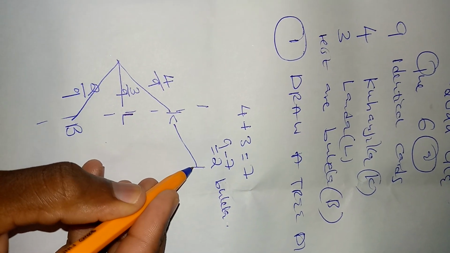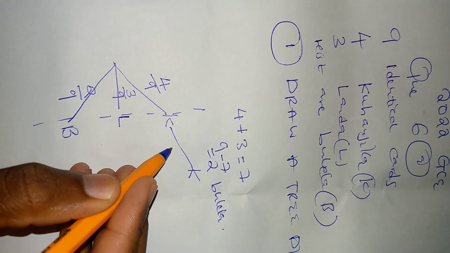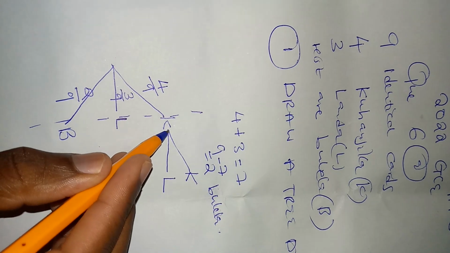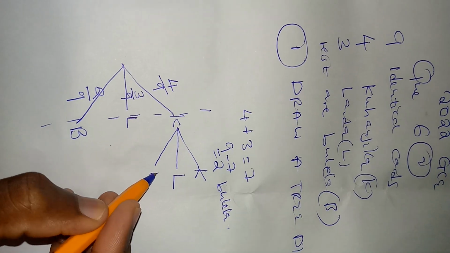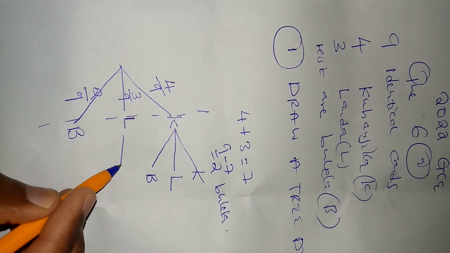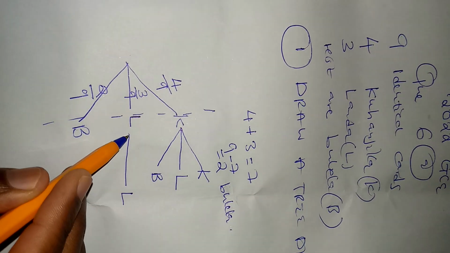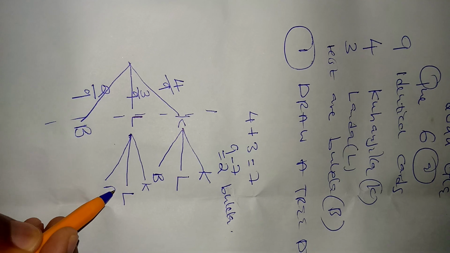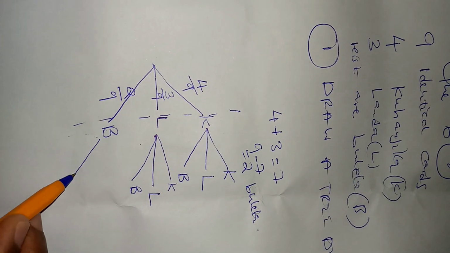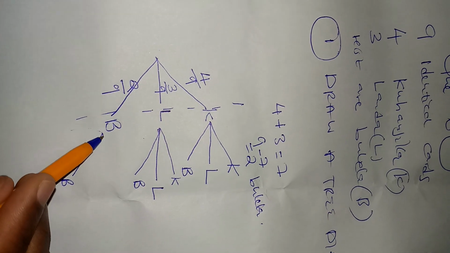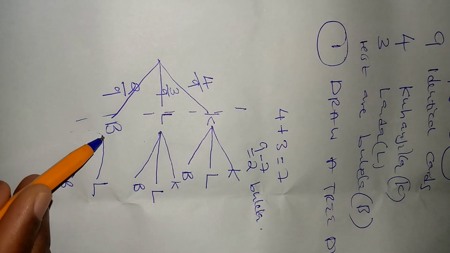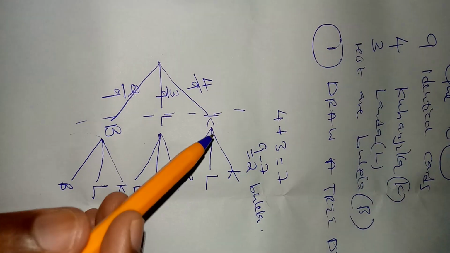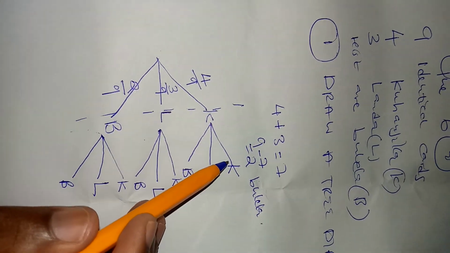So on each branch we have K for Kohanjika at the top, then the middle is Landa, then the last one is Ulela. Where we are having the same cards, that's where we're going to feel that effect of non-replacement.